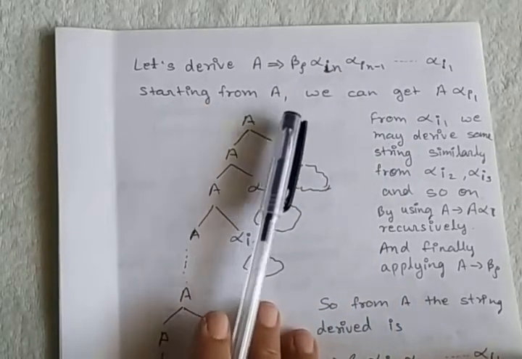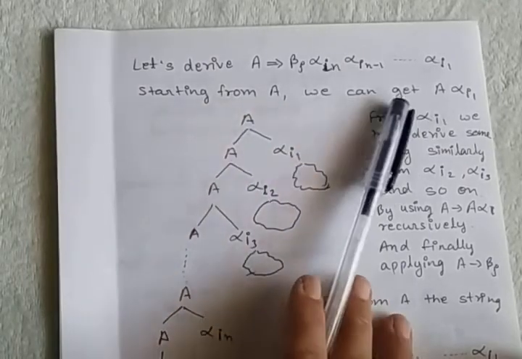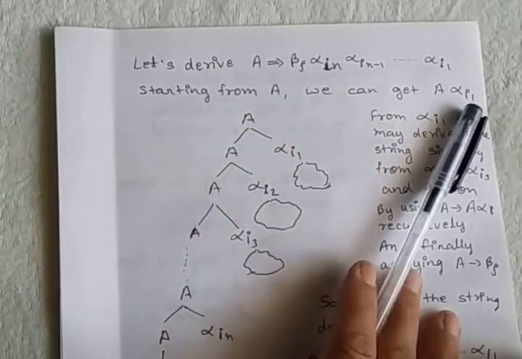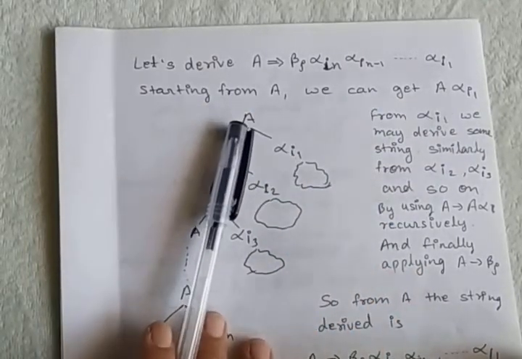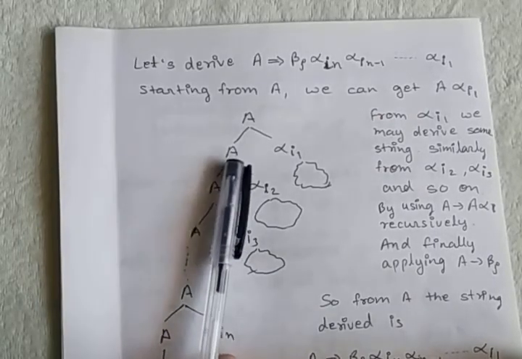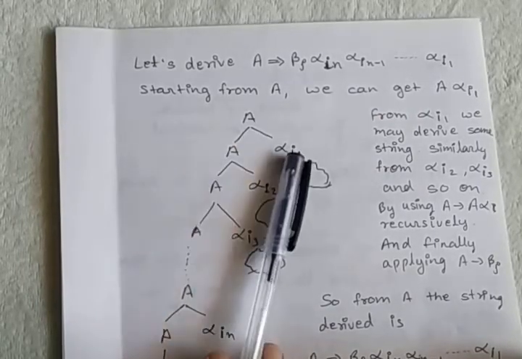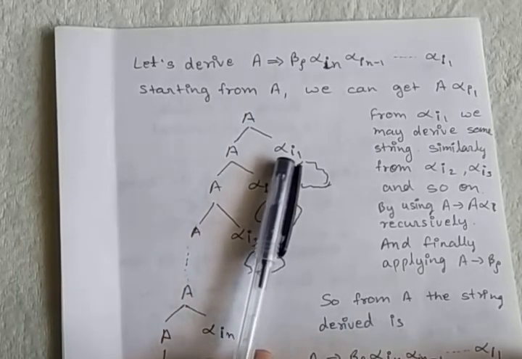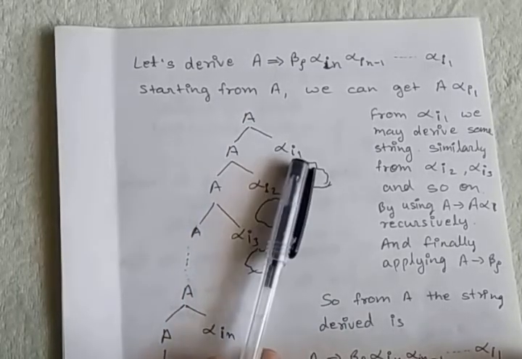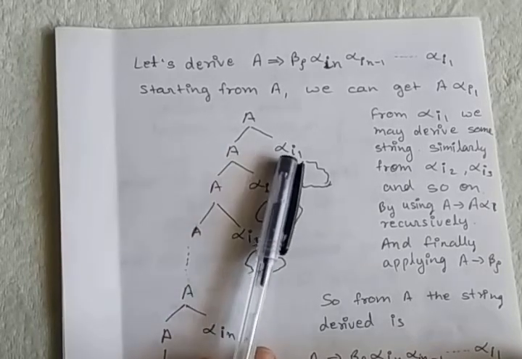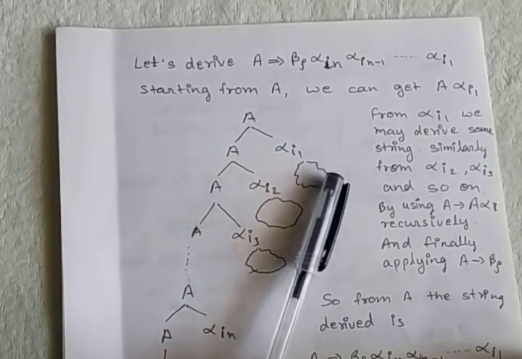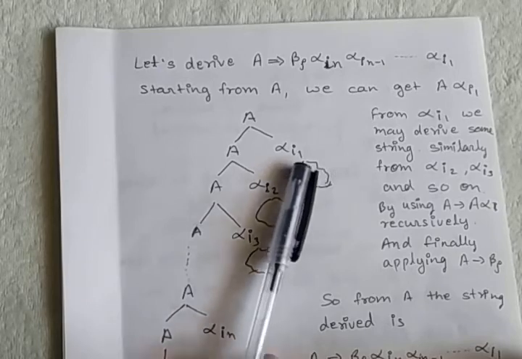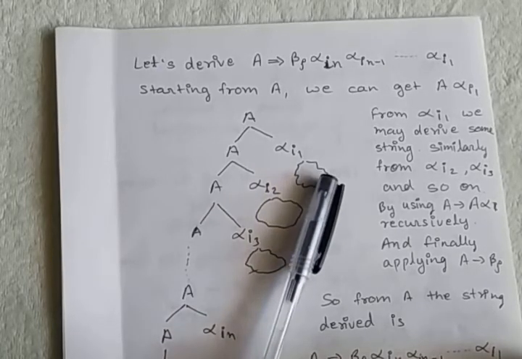From the previous grammar, we have the rule of the form A tends to A alpha. So starting from A, we can derive A alpha i1. We can use this rule. Now from alpha, we can derive any string, whatever alpha is deriving, right?